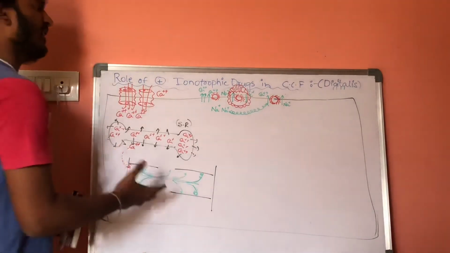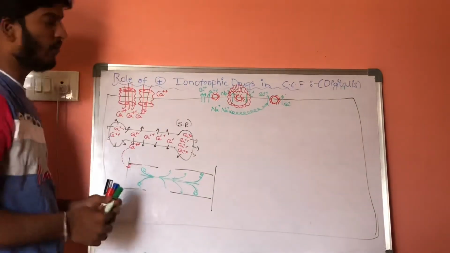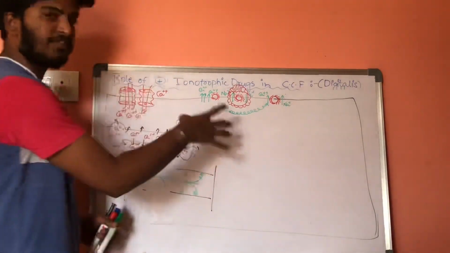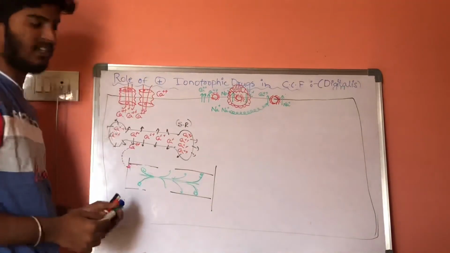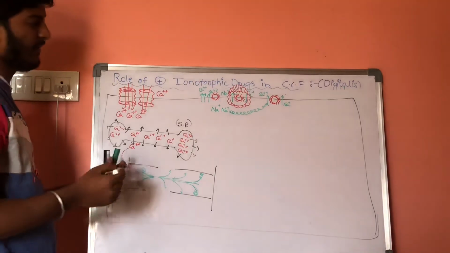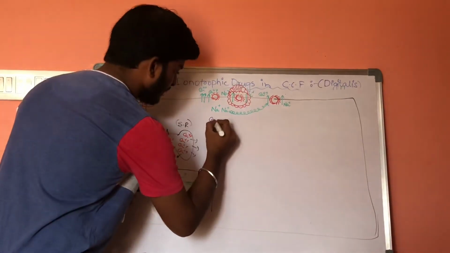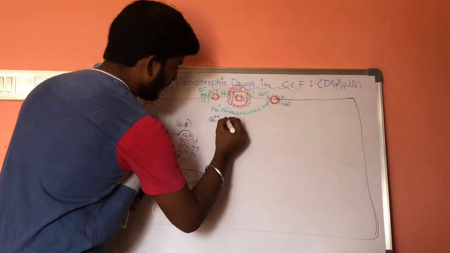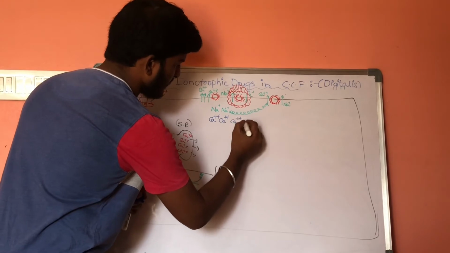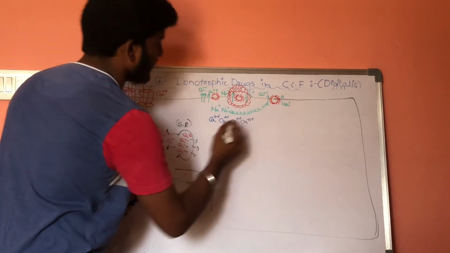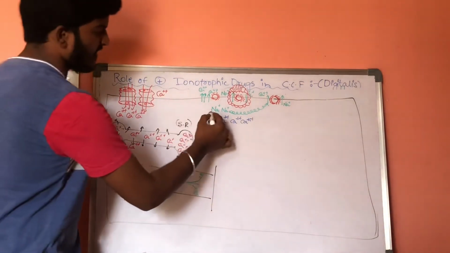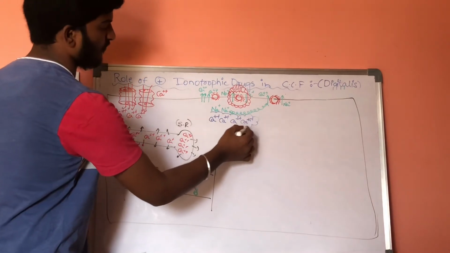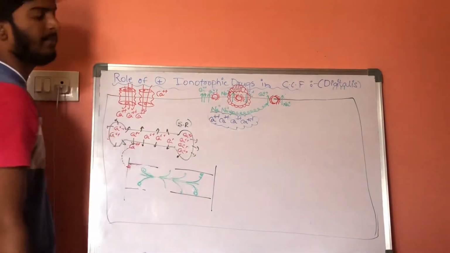Ultimately, there will be an increase of sodium. If there is no outflow of sodium, then there will be no outflow of calcium also. Ultimately, there will be accumulation of calcium and sodium inside the cell.